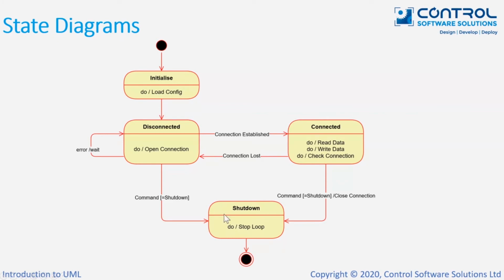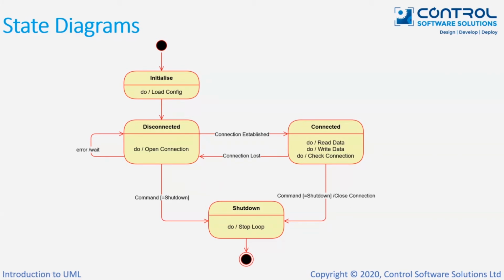However, if you're coming from the disconnected, there is no open connection, so you don't need to close anything. So instead of putting it as an entry requirement, I decided to put it as a behavior on the transition between connected and shutdown. So if we're in the connected state and we receive a command, if that command equals shutdown, we will go to shutdown, but on the way, we will close the connection.